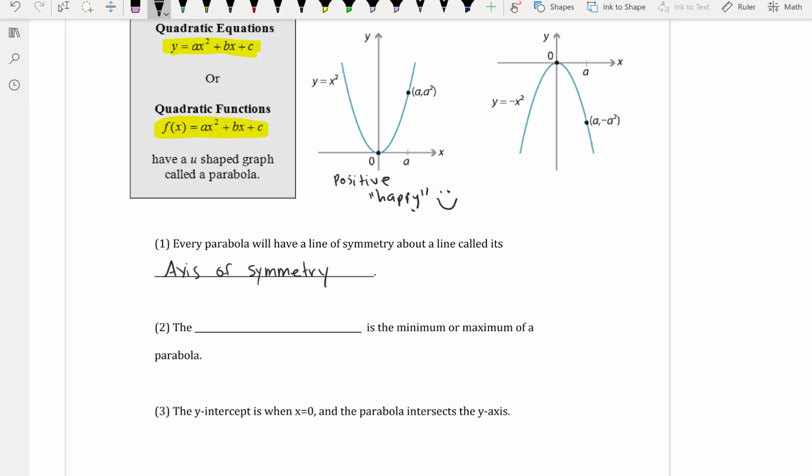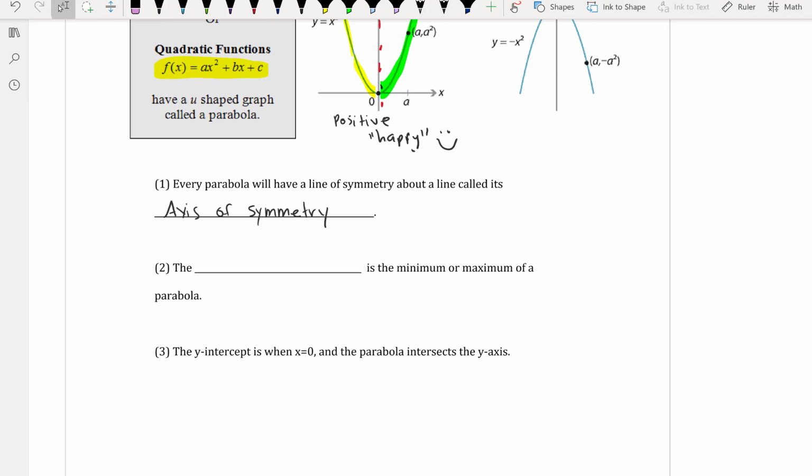It's kind of like saying that if you cut it down the middle, this half of it will be identical to the other half. It's the mirror image. It's kind of like your face. Most faces are symmetrical. So your left side of your face is the same as your right side of your face, and you can think of your nose as being your axis of symmetry.